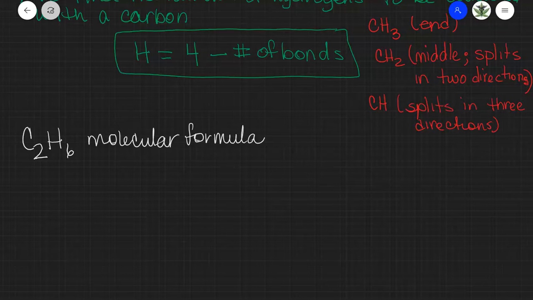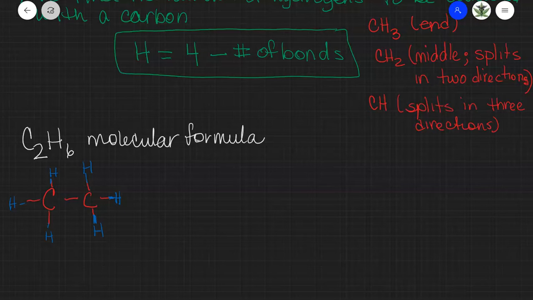We said that carbon is tetravalent, and we have 2 of them. So we put our carbons together. And we have 6 hydrogens. So if we split that between the 2 carbons, 6 divided by 2 is 3. So that means that each carbon is going to be attached to 3 of the hydrogens.